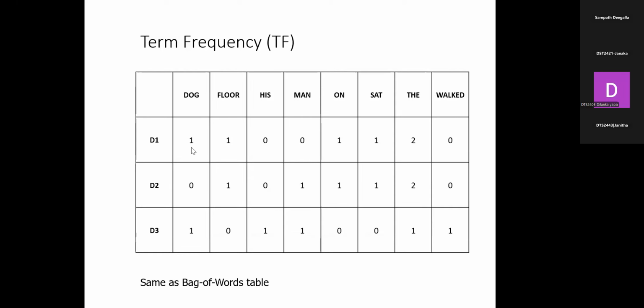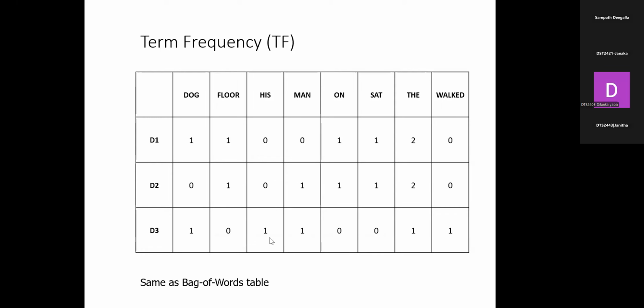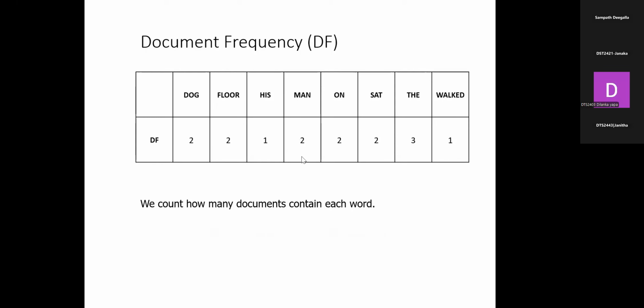And flow appears in 2 documents. You have 2 here. His appears in just 1 document. Man appears 2 times. On appears 2 times. Hat appears 2 times. The appears 3 times. In all the 3 documents, you see the. That's why it's 3. Work appears just 1 time. So we count how many documents contain each of these words. This is called document frequency.